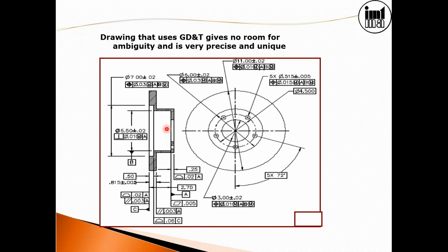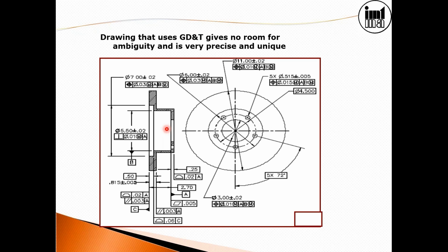Whatever the requirement identified, we try to put it using the internationally accepted GD&T symbols. This is why, to control the form, control the orientation, control the location, control the runout, we require GD&T tolerances.